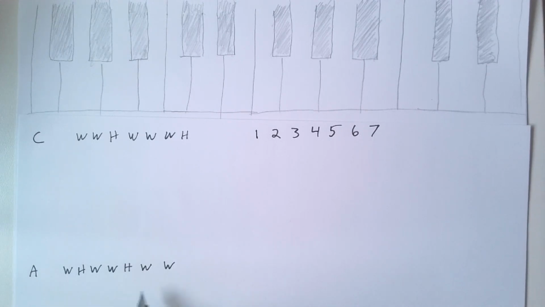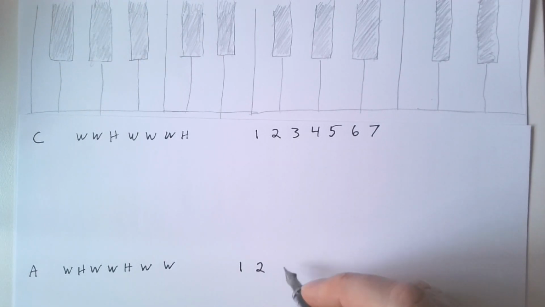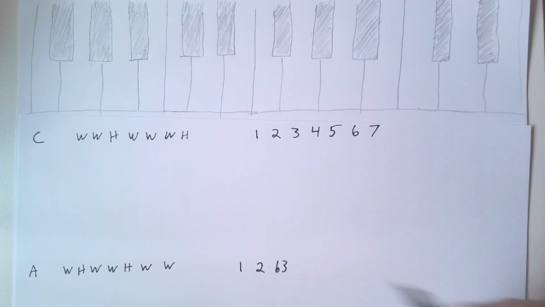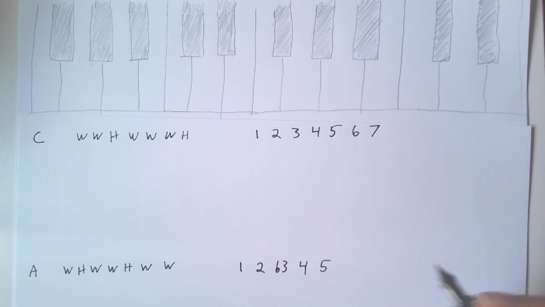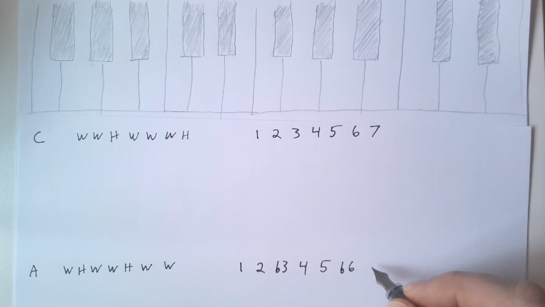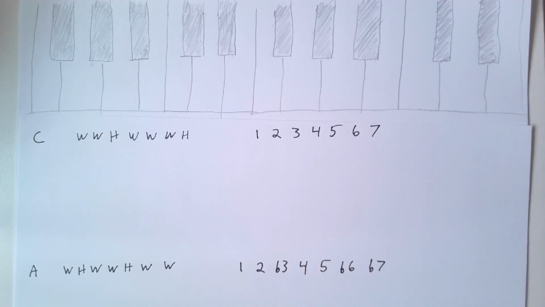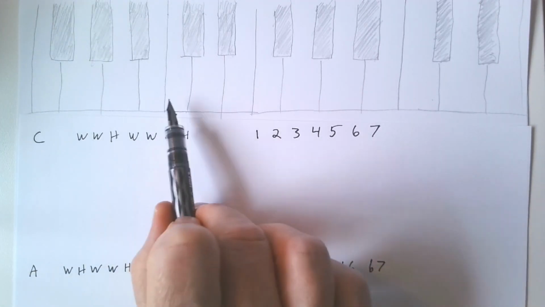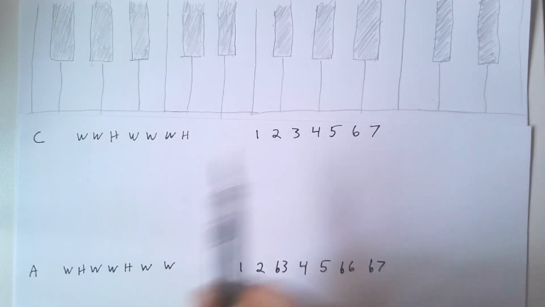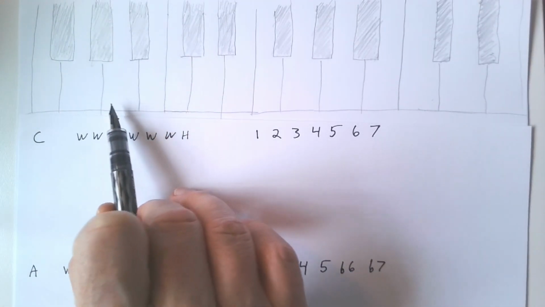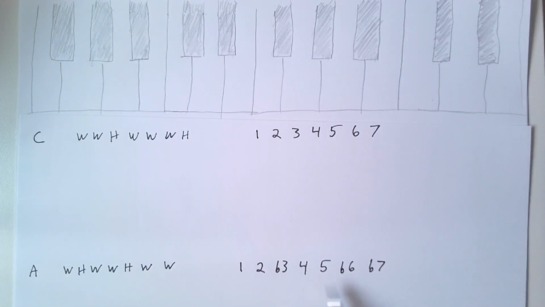And we said that in the A, in the natural minor, this corresponds to the 1, the major 2, the flat 3 or the minor 3, the perfect 4, the perfect 5, the flat 6, and the flat 7. Okay? And that works whether you start, so for the major scale, you start on C and play all the white keys. For the minor scale, you start on A and you play all the white keys. And you get these patterns.